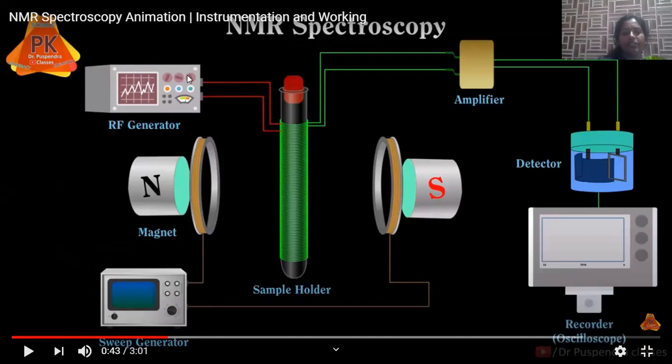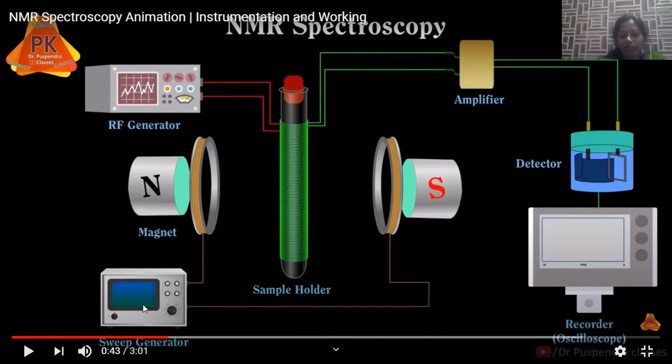Here the radio frequency generator gives the radio energy, and here we have the sample holder. The sample holder is a narrow tube where we dissolve a minute quantity of the sample, and it is kept in between the magnetic field, with north and south poles.